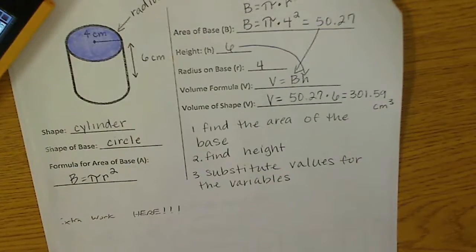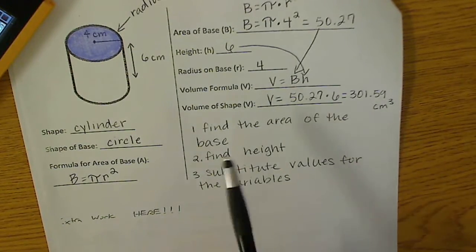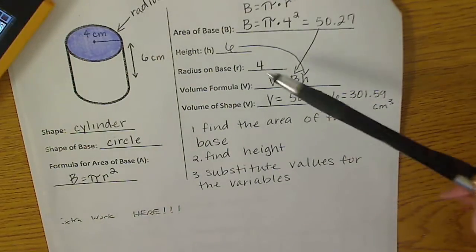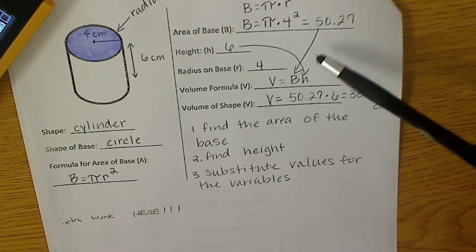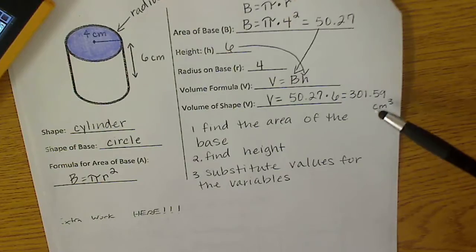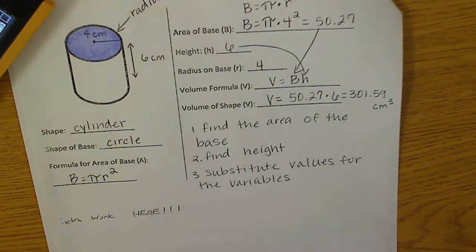I'm a big fan of rewriting things. That's how your brain remembers stuff. You found the area of the base, you found the height, and you substituted your values for the variables, and got your answer. Okay?